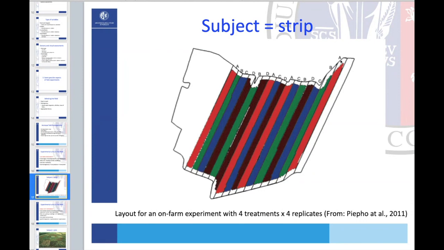So this is the layout for an on-farm experiment with 4 treatments by 4 replicates. So we have 16 subjects in total.